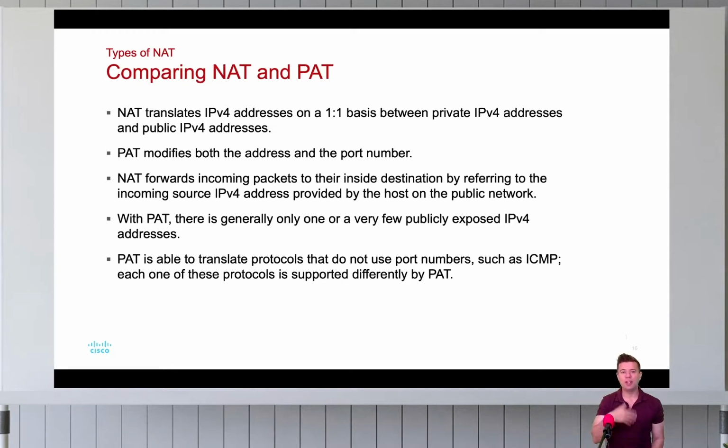And with things like ICMP, where we don't use port numbers, it assigns identifiers on its own. So even though it uses port numbers, it's not explicitly dependent on those port numbers being available, or that it has to use the ones that are already in use in the conversation.